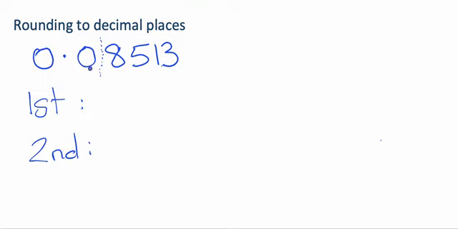So the answer is going to be something like 0 point and then a number here. So applying the rule, this is 8. So it falls in the category of 5 and above. And because of that, this value increases from 0 to 1. And so the answer is 0.1.